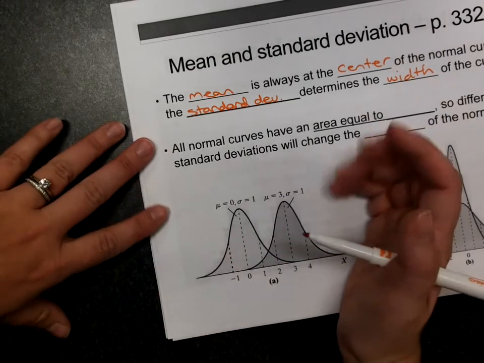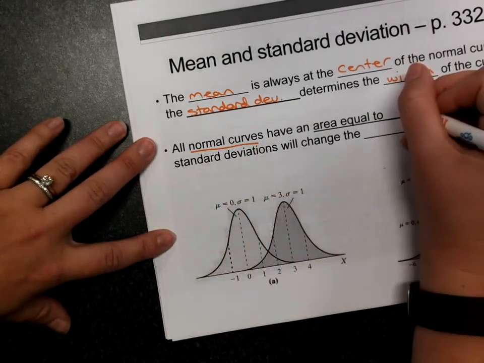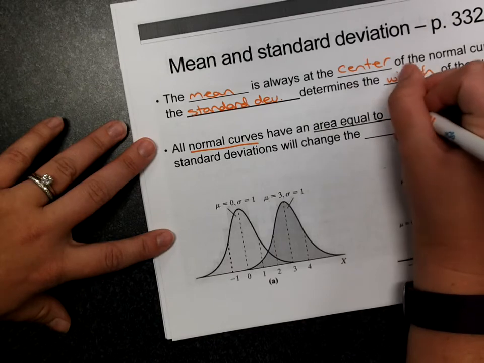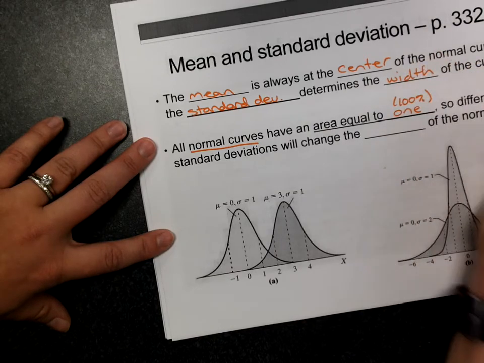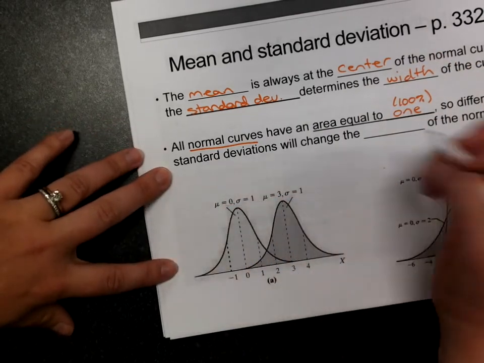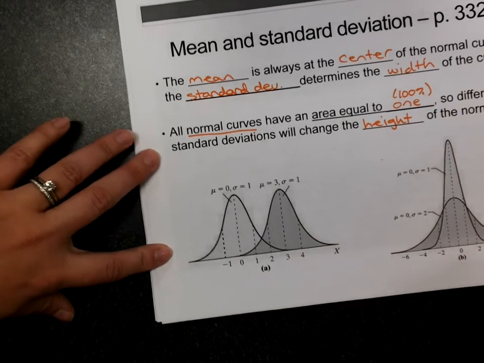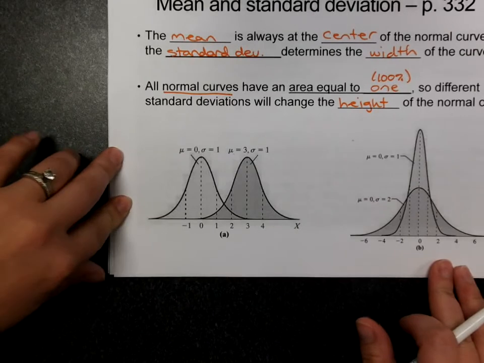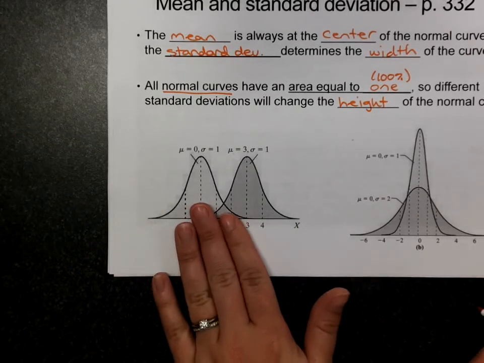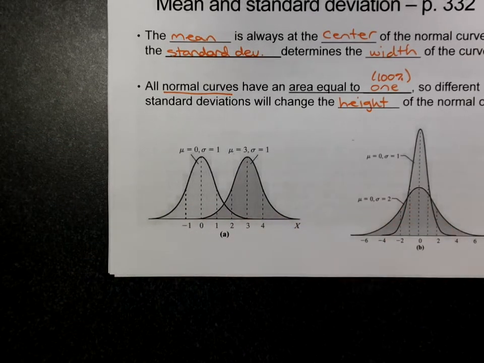Just like uniform distributions, all normal curves have an area equal to 1 or 100%. Different standard deviations will change the height of the normal curve. There are two sets of overlaying curves here, just to show you what changing the mean does and what changing the standard deviation does.